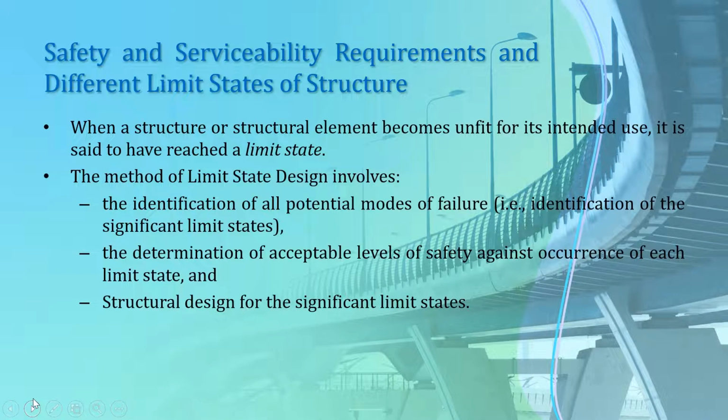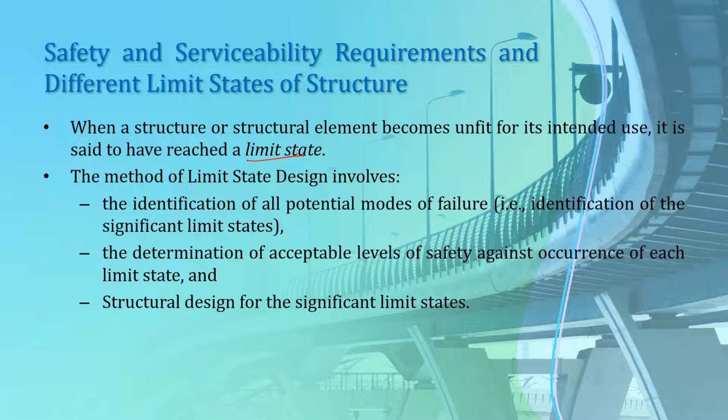So first, let me revise what a limit state is and what the method of limit state design involves. When a structure or structural element becomes unfit for its intended use, it is said to have reached a limit state. As we discussed in our previous lecture, a limit state is a state of impending failure. To reach a limit state means that a certain value has reached the limiting value.